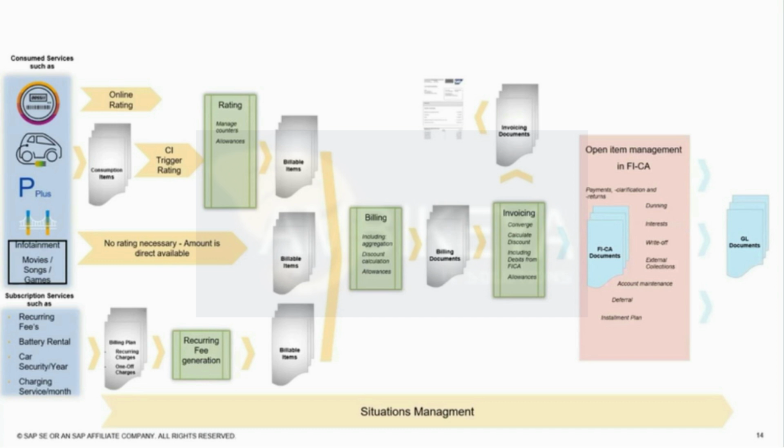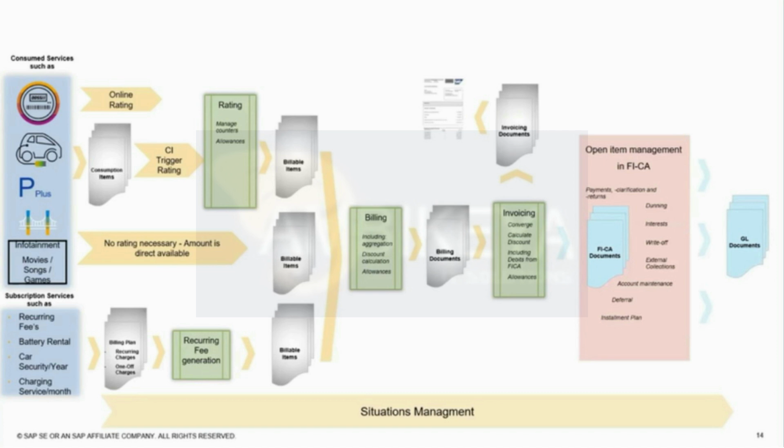What Jörg has briefly introduced is a new functionality which we have developed for Cloud 2008 already, and also for on-premise 2021. This will be included, and the functionality is called message-based situation handling in application jobs.